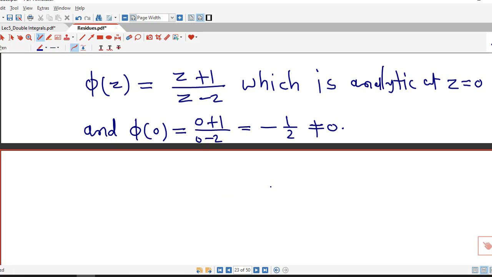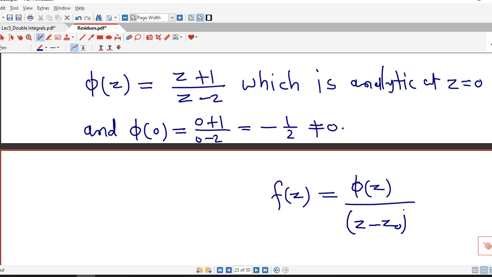So if we recall the result, if our function f of z can be written in this way, phi of z over z minus z0 raised to m, where phi of z is analytic at z0 and phi of z0 is not equal to 0, then f of z has a pole of order m at z equal to z0.